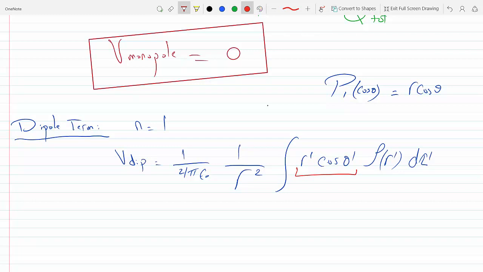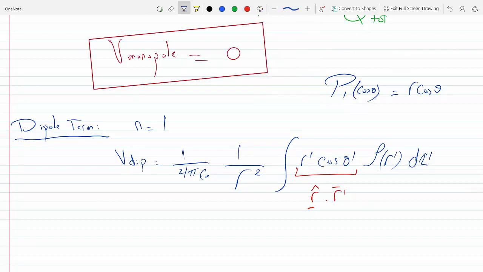So r prime cosine theta prime is nothing but r dot r prime.